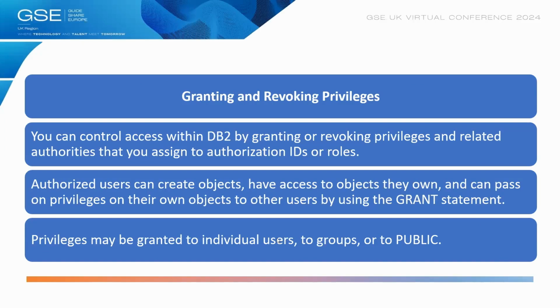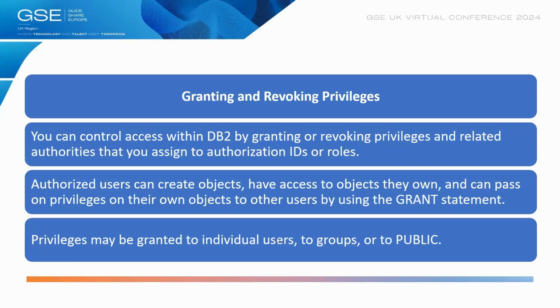If we would like to grant or revoke a privilege, we can provide privileges to individual users. We can also provide special privileges to a group or to the public.